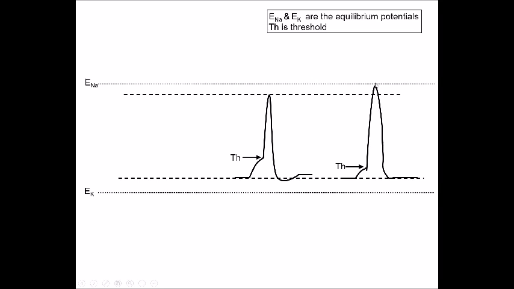It could go towards the E sodium if we didn't inactivate them so quickly. And we can also change the duration of the action potential based on the density of the potassium channels in the membrane. It could come back fast, or if we don't have as many potassium channels, it might come back slower.